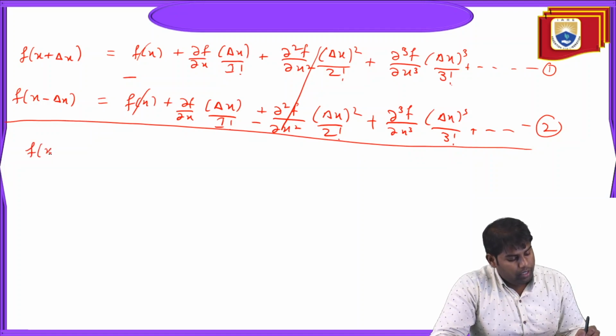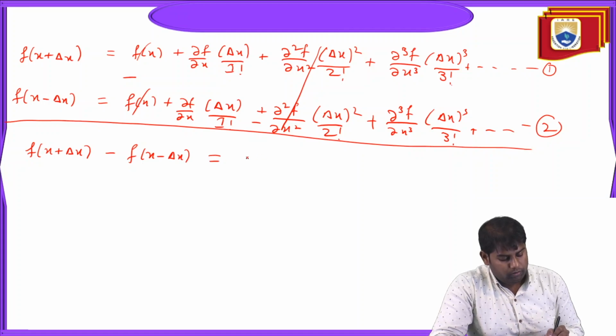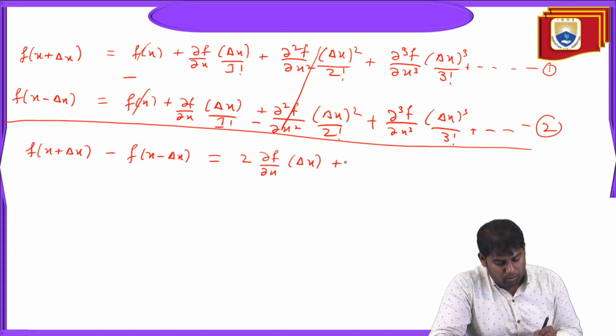So f of x plus delta x minus f of x minus delta x is equal to 2 times ∂f/∂x into delta x, plus 2 times ∂³f/∂x³ into delta x cubed divided by 3 factorial, plus so on.